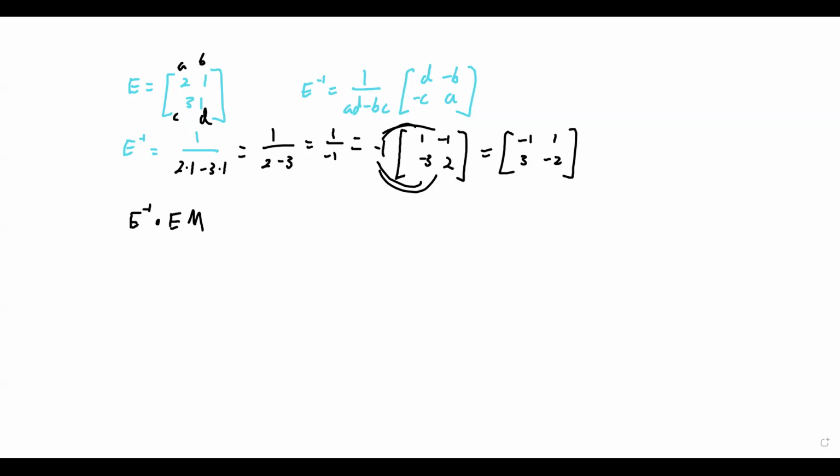And I know that what's the E inverse times E going to give me? The inverse of a matrix times itself. What's that going to give me? The identity matrix. And you said earlier, identity matrix times any matrix is what? Itself. So if I multiply this inverse that I just found, I could decode my message.